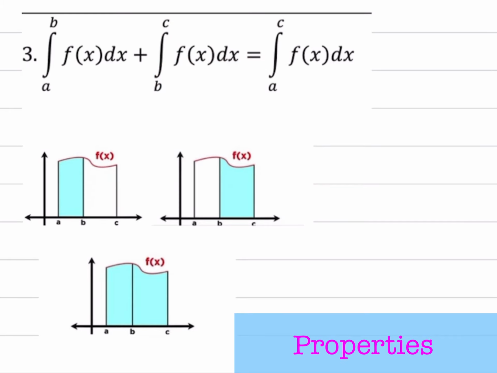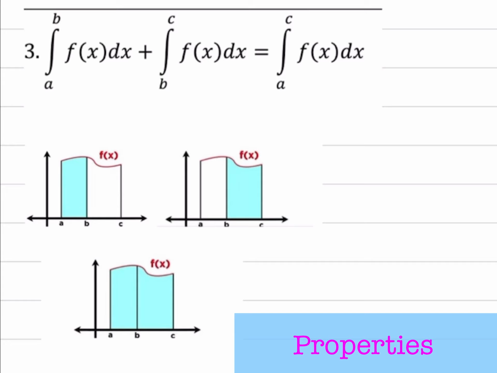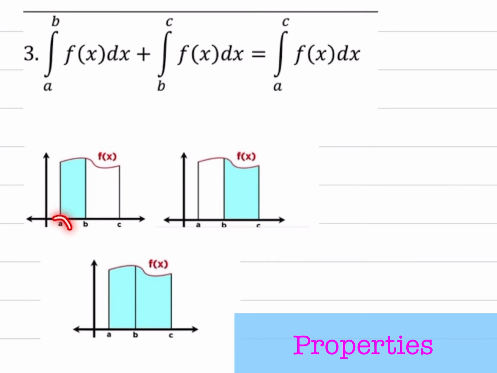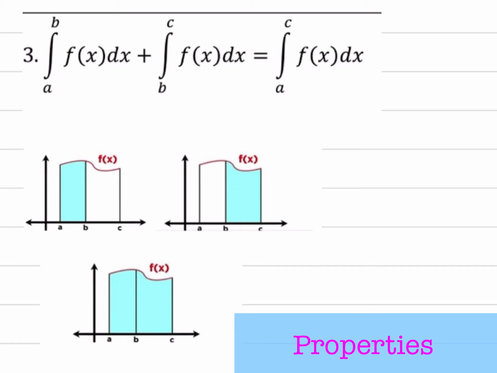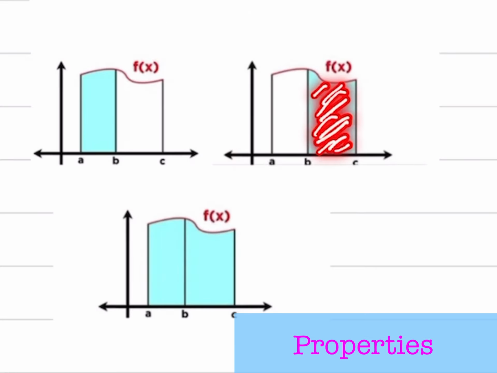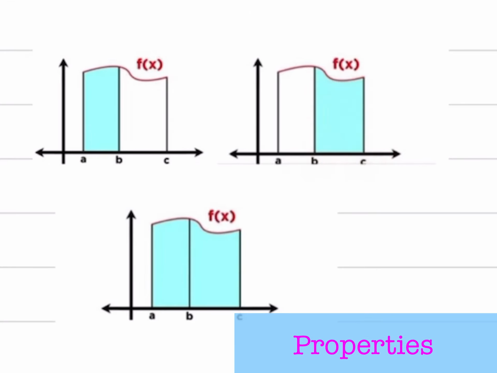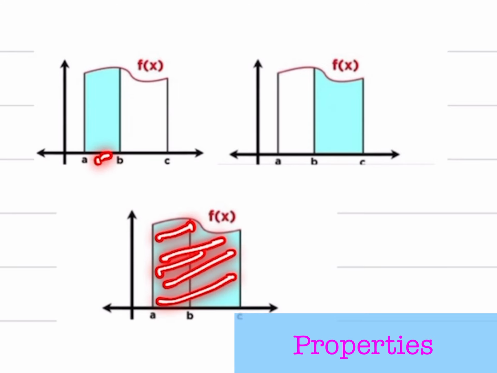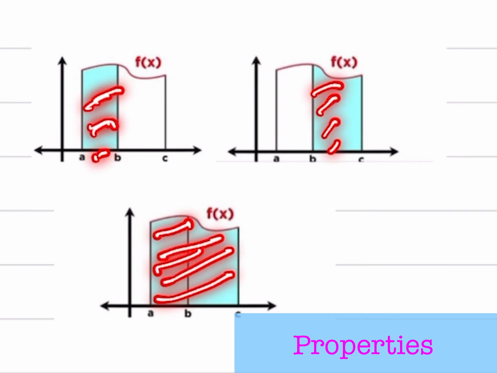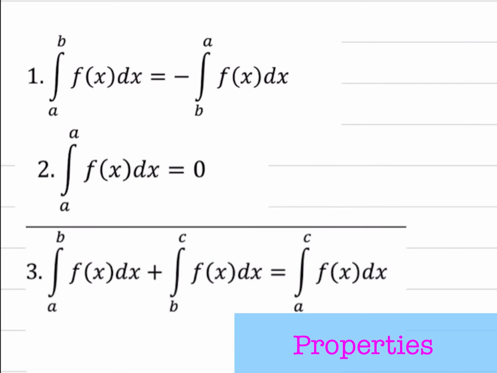The integral of f of x dx evaluated from a to b plus the integral of f of x dx evaluated from b to c is equal to the integral of f of x dx evaluated from a to c. This is the same as saying the area of this region, from a to b, plus the area of this region, from b to c, is equal to the whole, after putting together this area and this area. So that's property number 3.